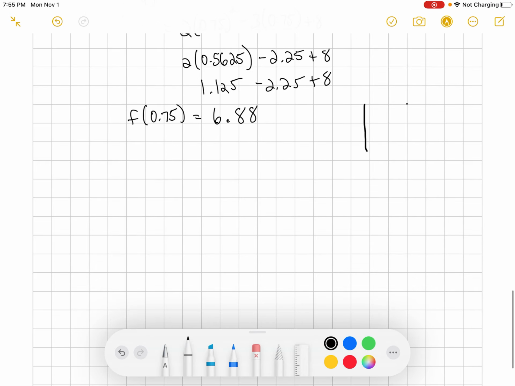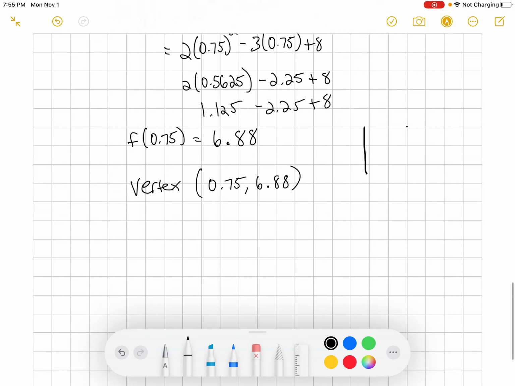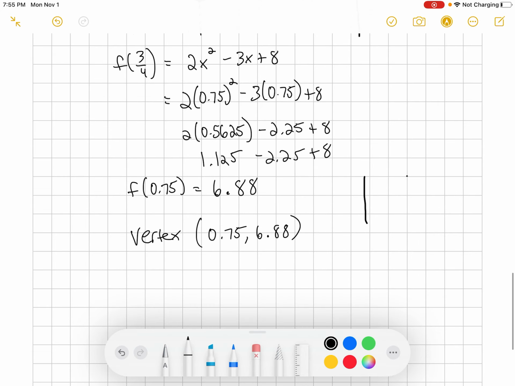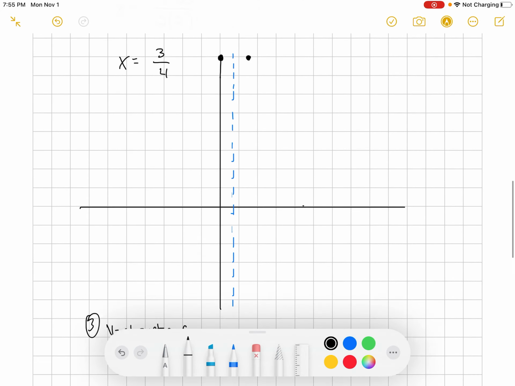And so my vertex, which is the minimum point on my quadratic, is the coordinate 0.75, comma 6.88. So let's go back and graph that as close as we can. 0.75, 6.88. 0.75.